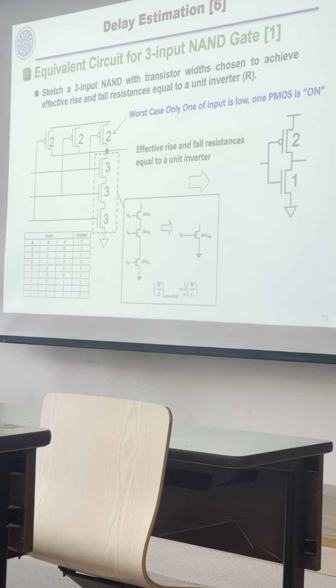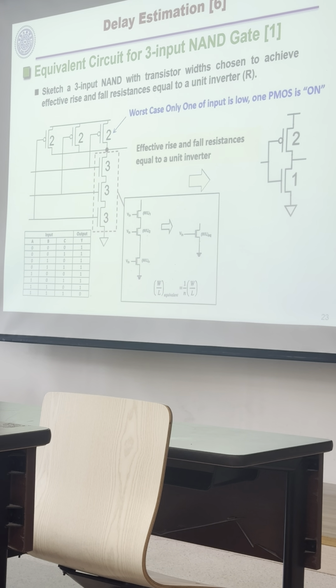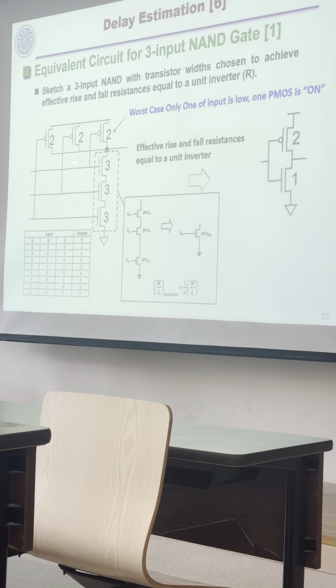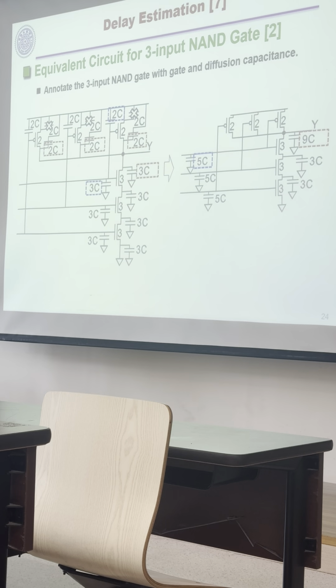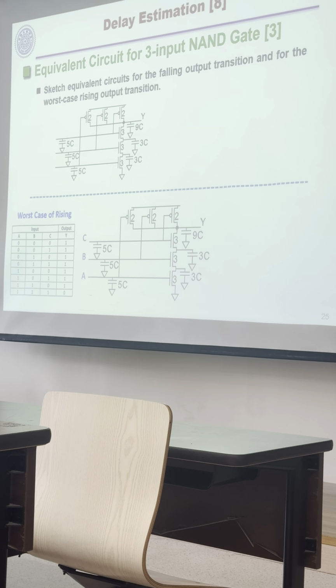This is the gate. Remember why we put 2, 2, 2, and then 3, 3 here? This needs to be equivalent to this inverter, and the 2 is because the mobility is lower. So you write down this kind of network.